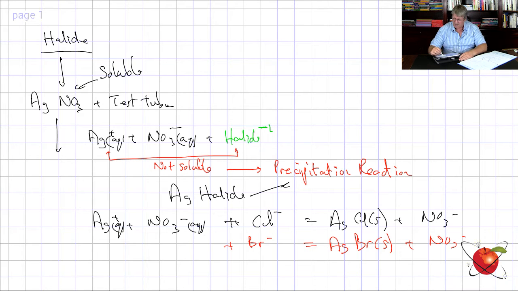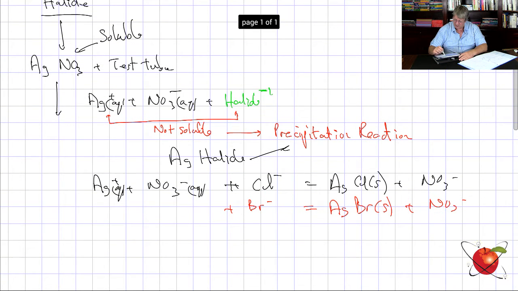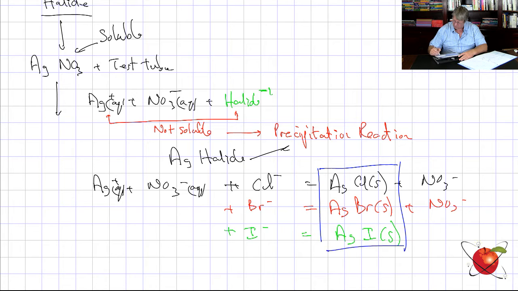And lastly, let's use the green one, plus an iodide, I-, goes to AgI, solid, plus NO3-. I forgot the NO3 earlier. All of the above are going to precipitate.